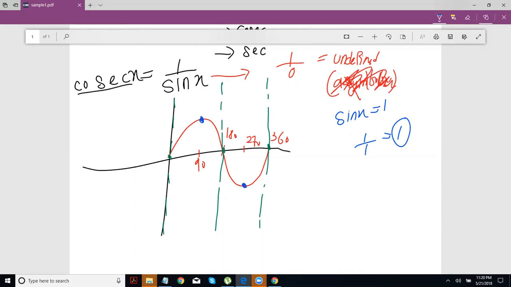Now if you think about it, cosec comes down from a really high, infinitely high value where x is 0. You don't show it ever touching the y-axis, because it's going to go all the way up to infinity.